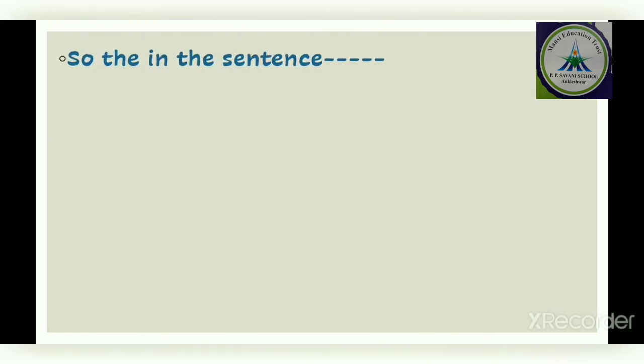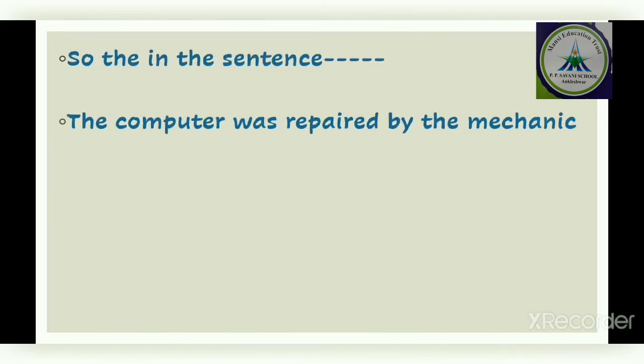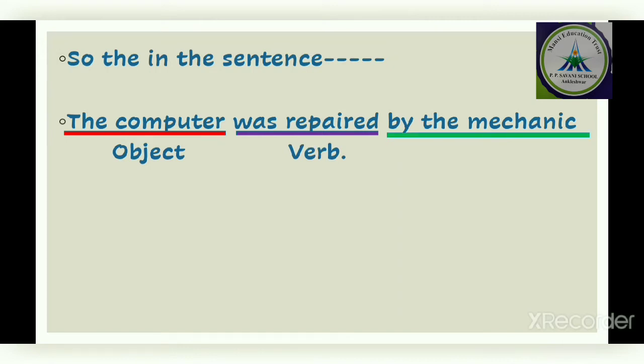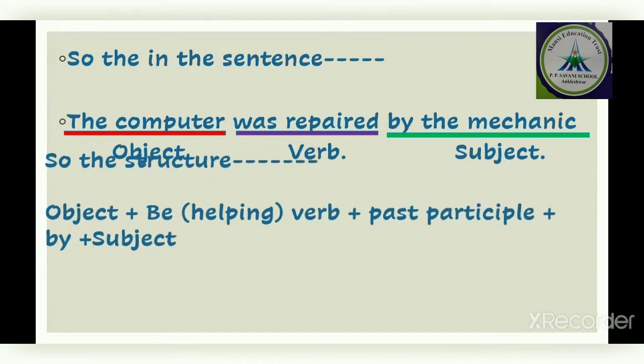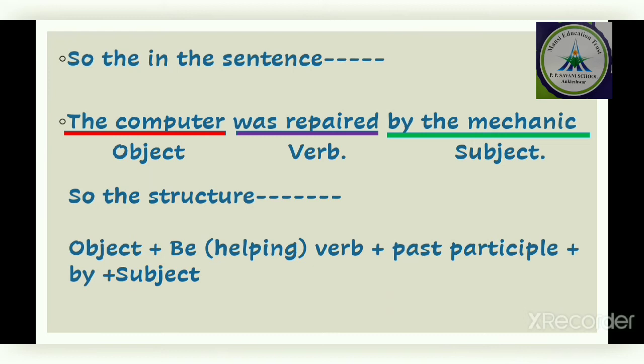So, we can say in this sentence, the computer was repaired by the mechanic. The computer here is the object, was repaired is the verb, and mechanic becomes the subject. That means we have interchanged the place of the subject and object. So what will be the structure? Object plus be verb, that is the helping verb.